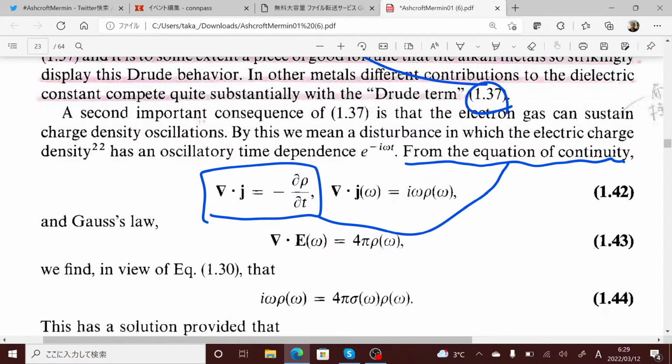So the equation of continuity is this. Then we consider a Fourier transform, and we obtain this.